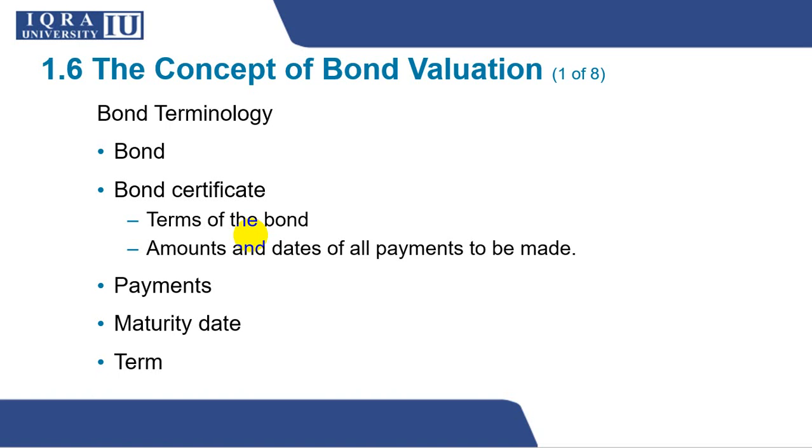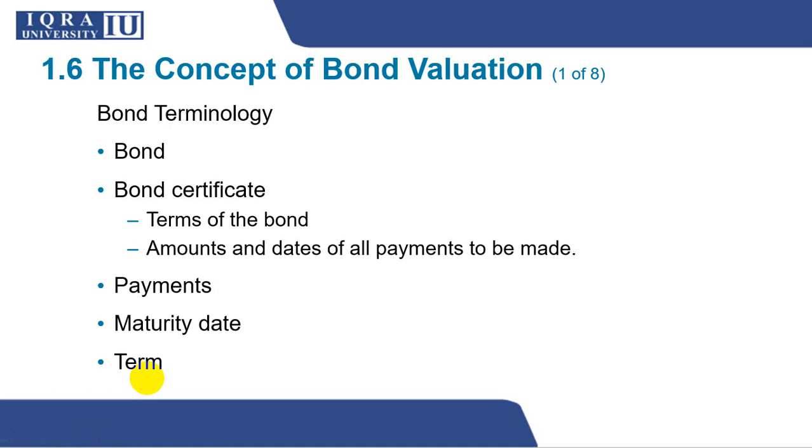It is also mentioned that the amounts and dates of all payments are to be made. So it is mentioned there when you will make the payments, and also the maturity date when you will return that loan back, with all the interest also paid. Term means how long.